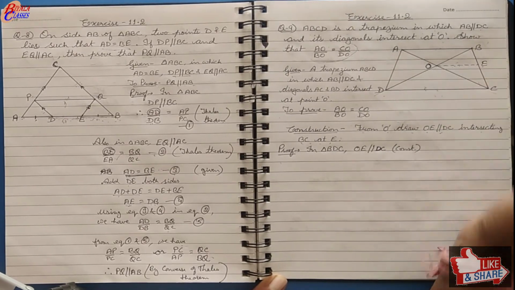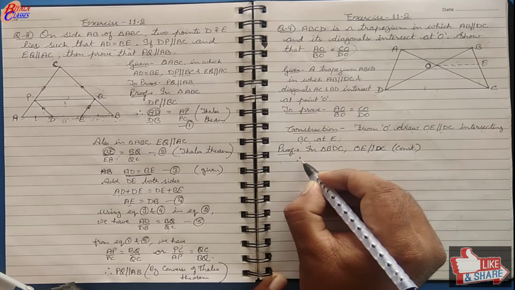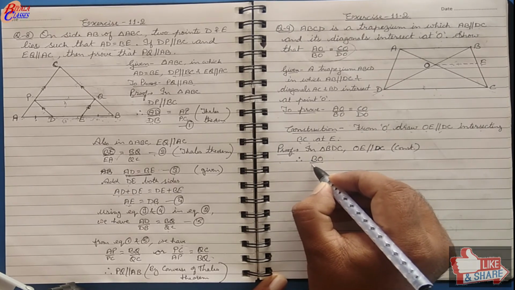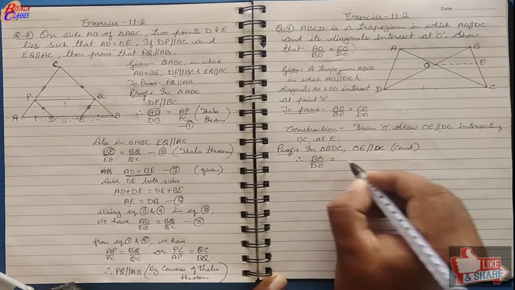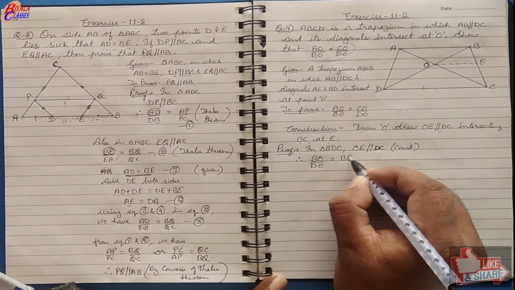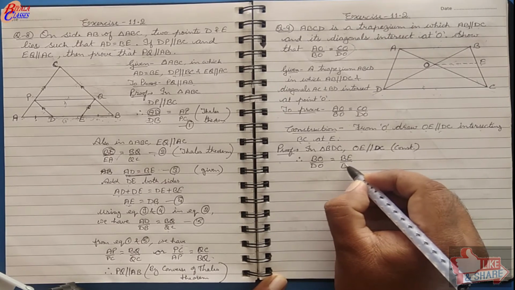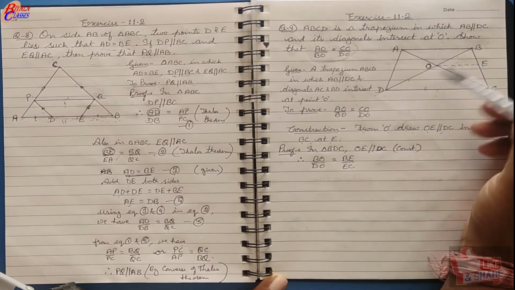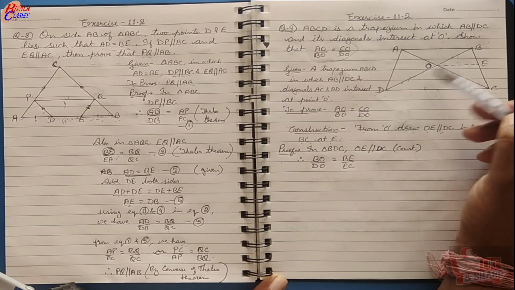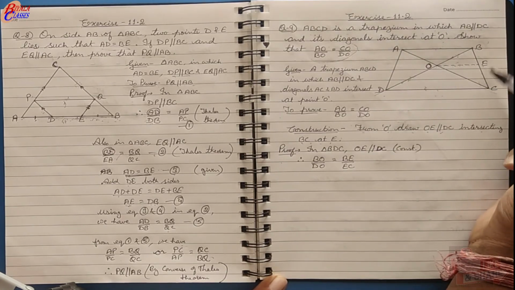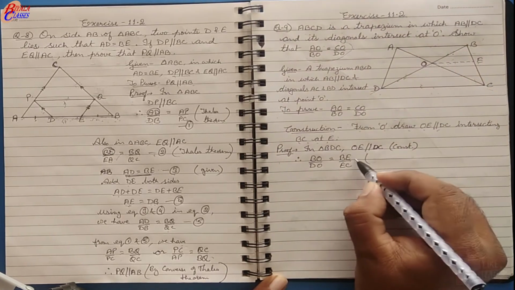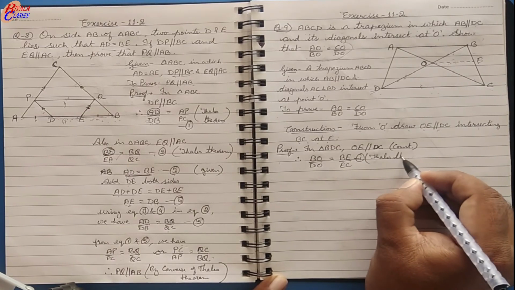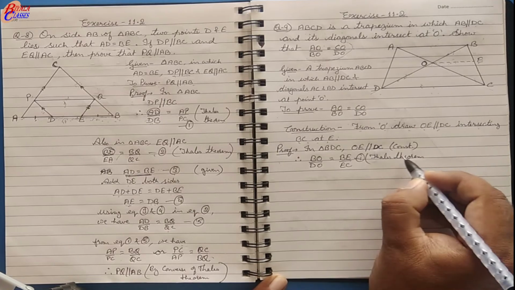So using the Thales theorem, you get BO upon DO is equal to BE upon EC. The ratio of the two parts of side BD, that is BO and DO, is equal to BE upon EC. This is equation 1, and this is done by using Thales theorem.